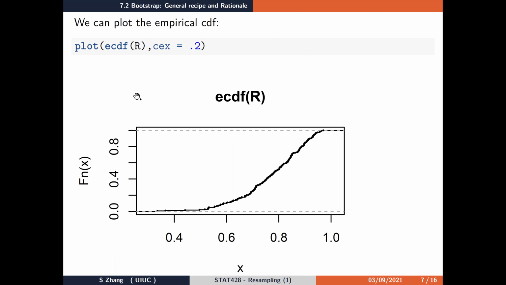This is given by plot ecdf of R, cex equals 2, which essentially sets the size of the points. Setting it to 0.2 makes the points a little smaller than the default. So this is an empirical CDF for our R, the empirical estimate of the sampling distribution for the Pearson correlation.